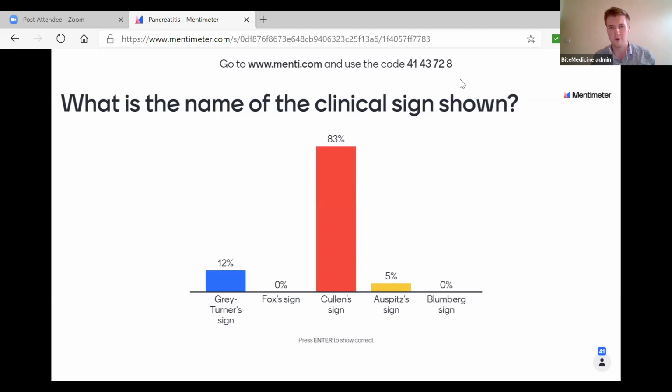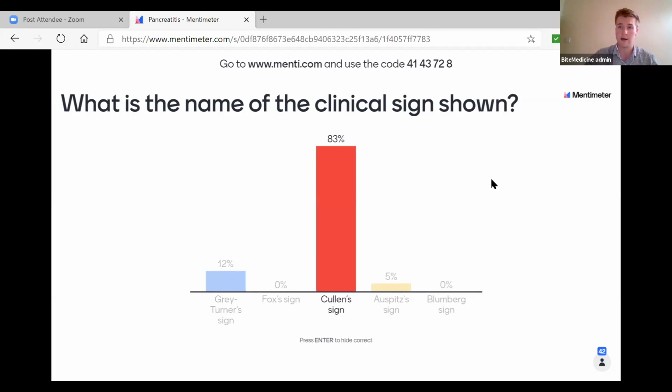Okay, so a whopping majority have gone for the correct answer, which is Cullen's sign. Brilliant. We're going to talk a little bit about Cullen's sign next, but just to refer to the others. From right to left, Blumberg sign is the eponymous term for rebound tenderness.